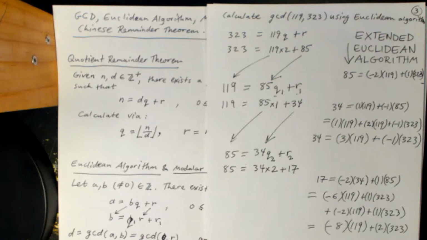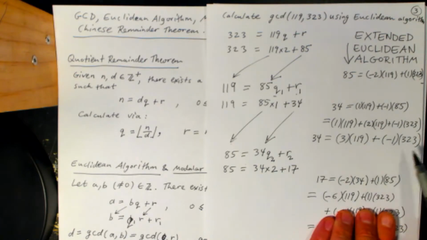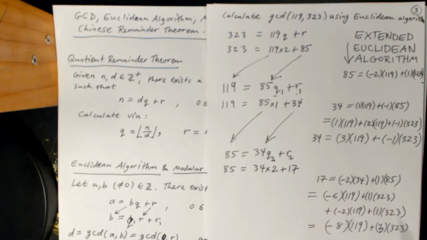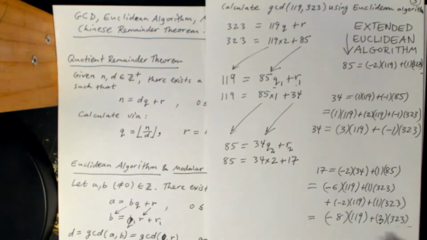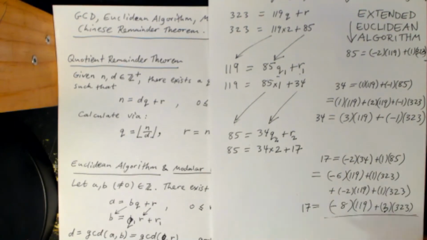So 3 times 323, yeah, this is meant to be a 3 here. Anyway, there's a little error in there somewhere. Something's meant to be a 2 rather than a 1. Okay, so this works out correct, and this is 17.